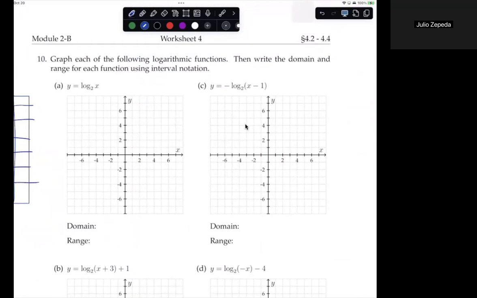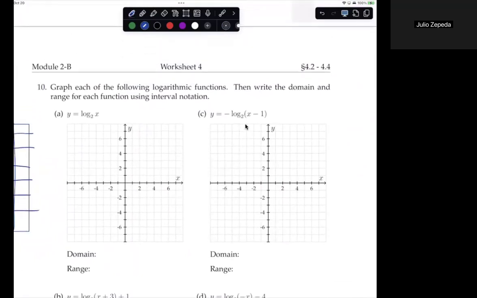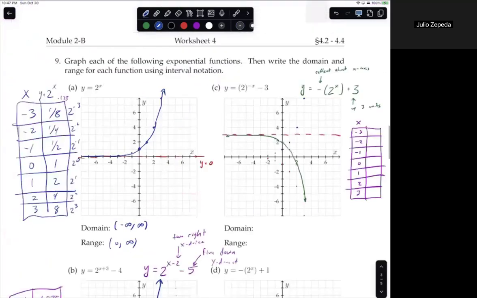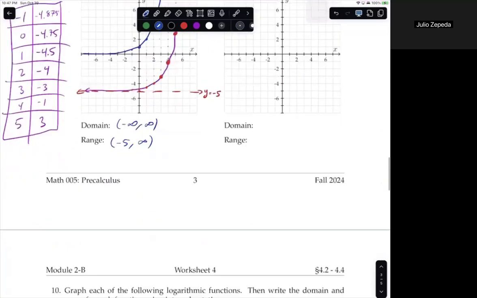So it turns out that the log function and the exponential function are inverses of each other. So one way to graph this parent log function, log base 2 of x, is to just take the x and y values from the 2 to the x function and just switch the x's and y's.